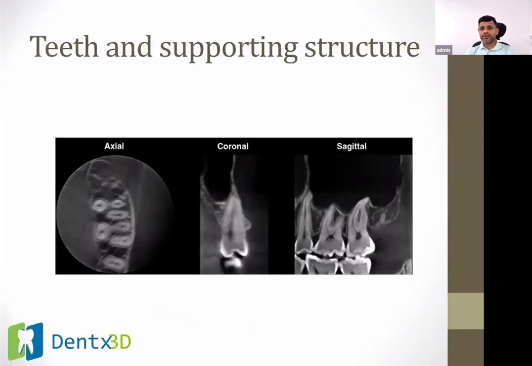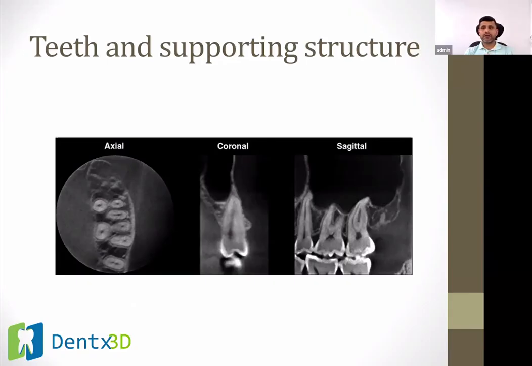So, first we will divide it into 3 parts. First is tooth and supporting structures, second is air structures, and third is soft tissue structures. So the tooth and supporting structures will appear the way they appear in your IOPA, RVG or CBCT. So whatever odontogenic infections are there, teeth are there, periapical areas are there, bone, everything will appear the way they appear on your IOPA or your OPG.